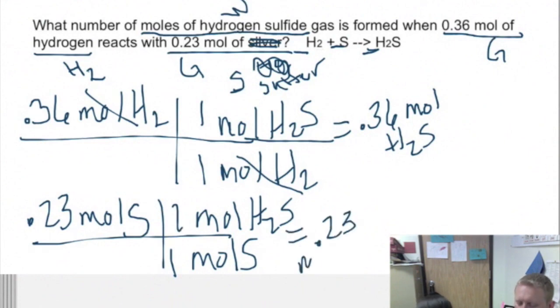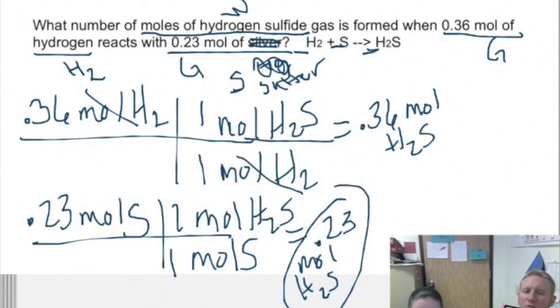I'm going to go out on a limb and say that the sulfur is the limiting reagent, and the maximum that we can make is 0.23 moles of H2S, the hydrogen sulfide. That one was super easy because everything was ones.